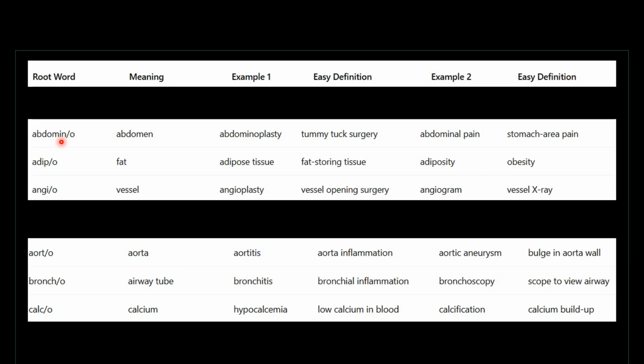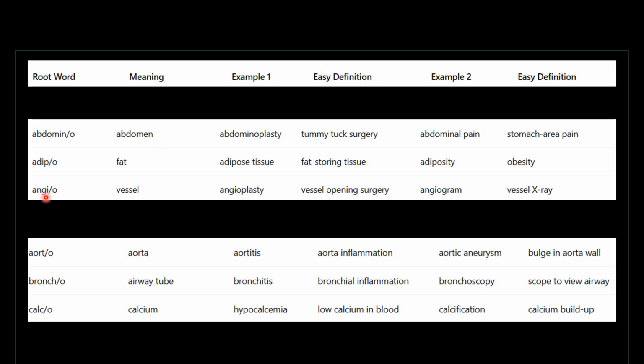Likewise, we have another example, adiposity. Adiposity means obesity. Obesity is a commonly used term, but I'm not sure if you have heard of adiposity, whose actual meaning is also obesity.